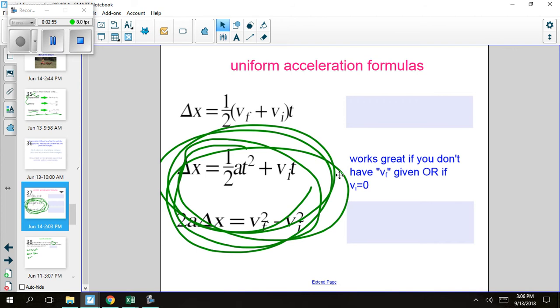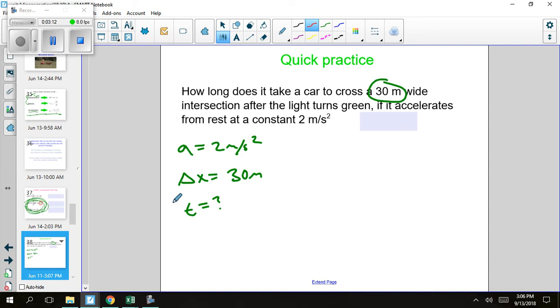So because it's 0, this part of the equation becomes non-existent because anything times 0 is 0. And then if you have $5 and add $0, you still have $5. So we're going to use that equation. So delta x equals 1/2 at squared plus vit.